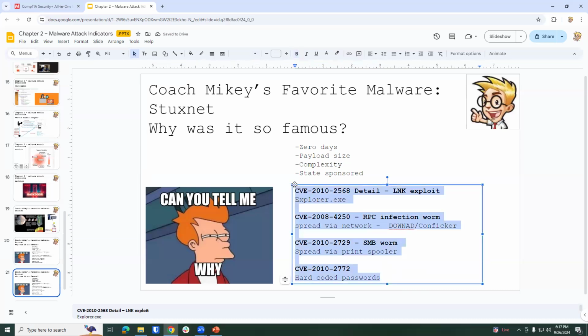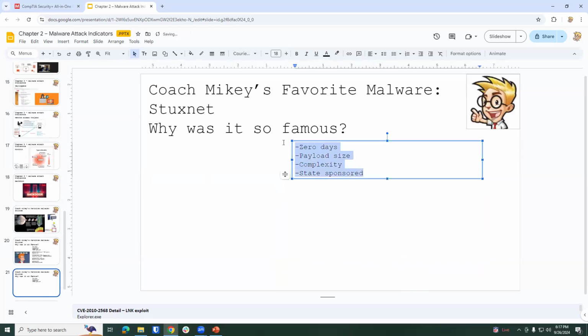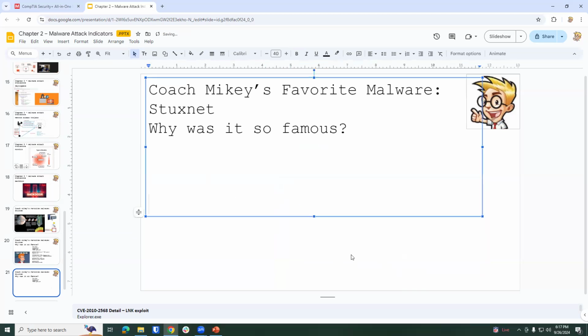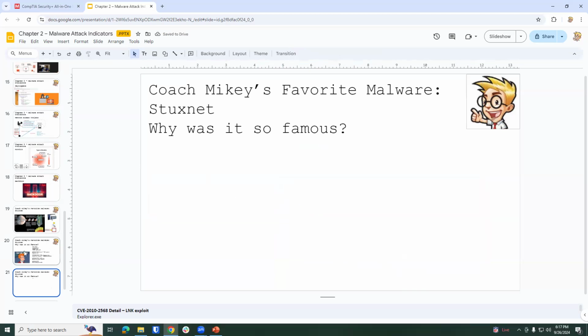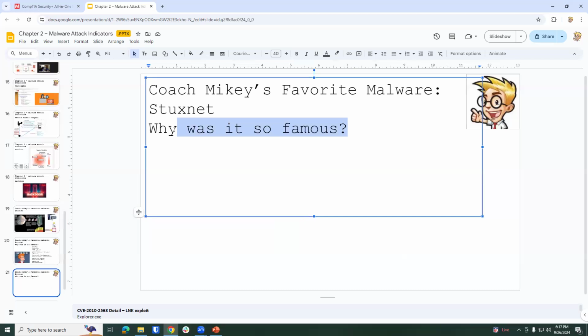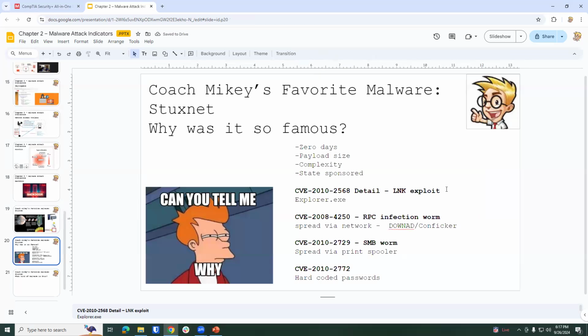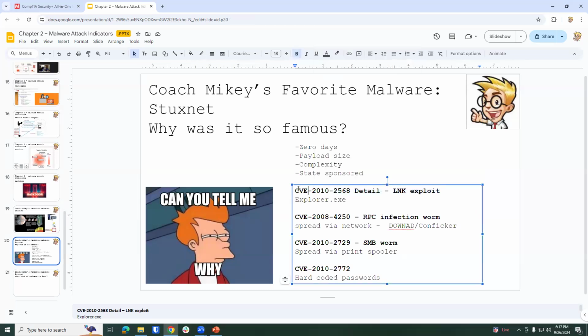What kind of malware do you think Stuxnet is, given all of that? What does it do? Yeah, what kind of malware is Stuxnet? So given this, it's going through explorer.exe, so that would be something that we think of as a Trojan, right?